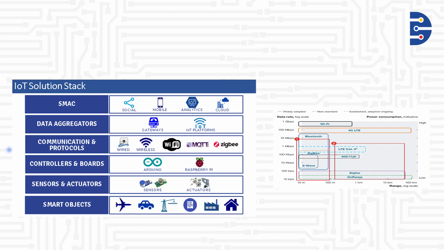As you can see in this figure, the area marked 1 is the low data rate and the low range communication. There are many protocols competing in this region. Z-Wave versus Zigbee are the prime protocols used for low rate and low range.